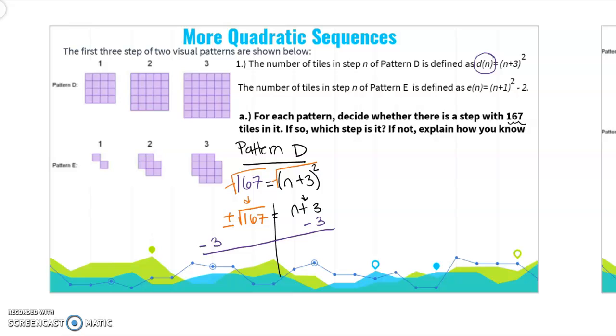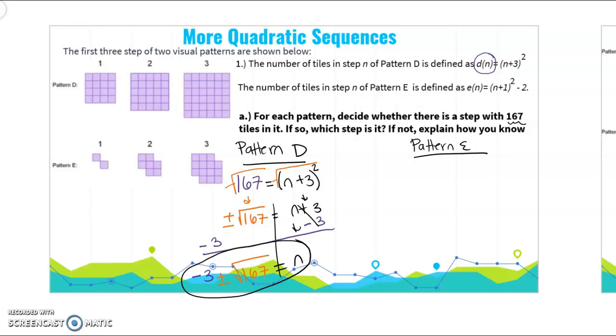So we're going to leave it as negative 3 plus or minus the square root of 167, since we don't know what it is, and that's our final answer. We can't clearly see if it's pattern number 6, 7, 12, 14, whatever, so that one will be pretty hard to see when it'll hit 167 tiles.